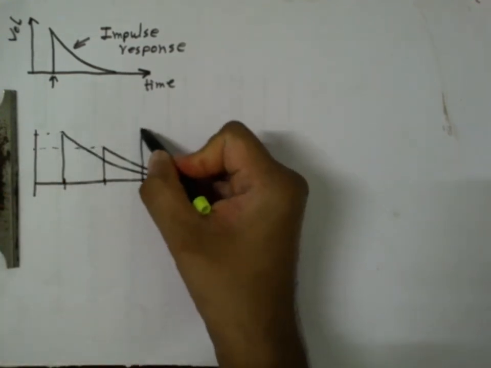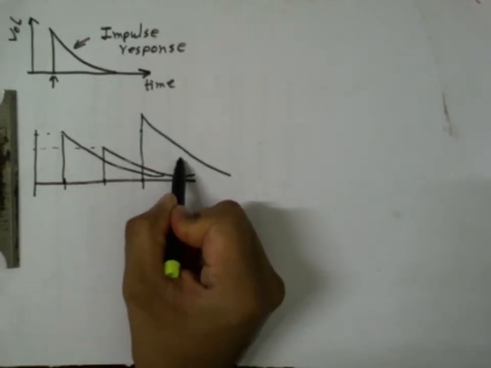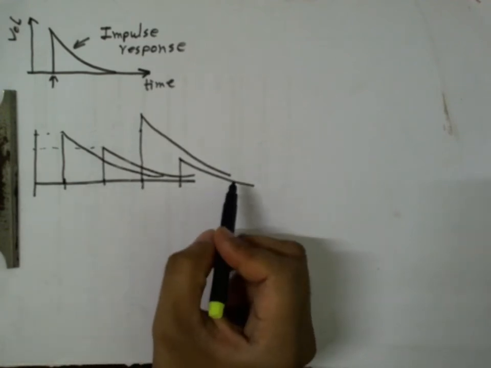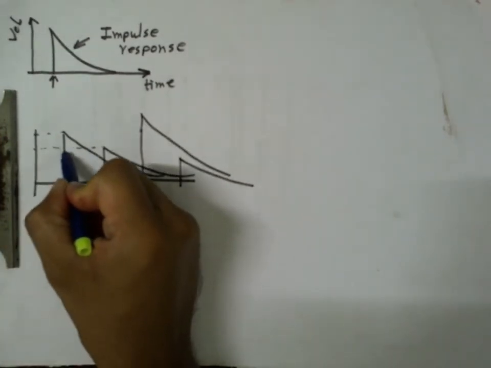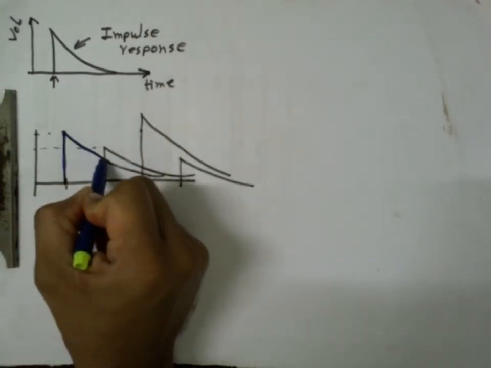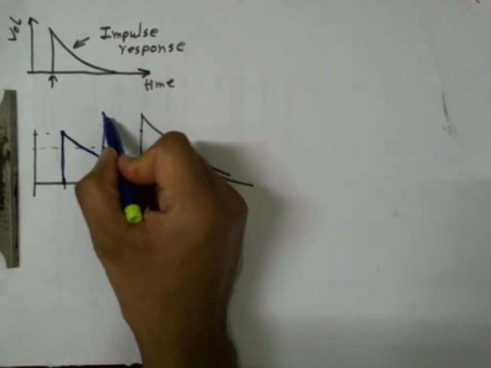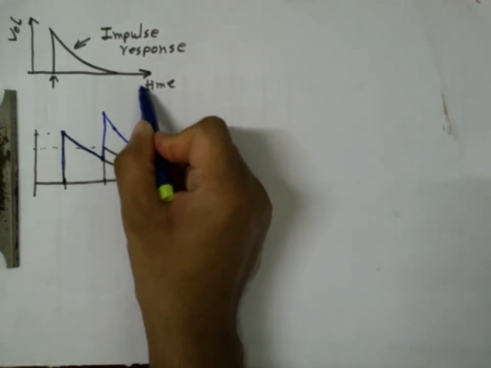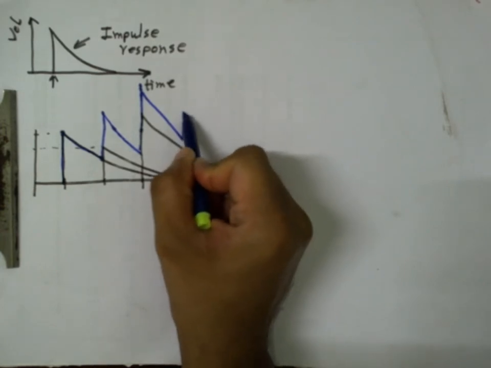Then again, another impulse response, and if we sum up all these individual impulse responses over time, then this is the sum. Here it goes up higher, then comes down, then goes up higher further, comes down, up and down.